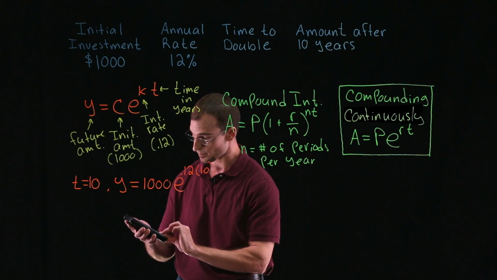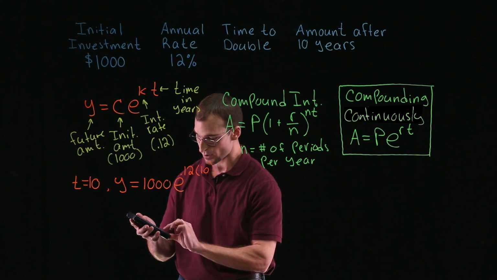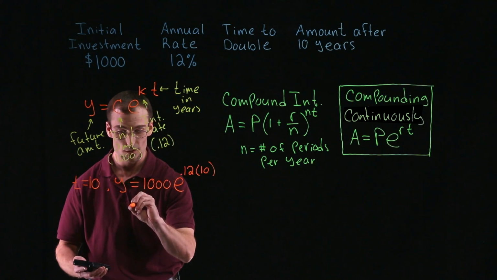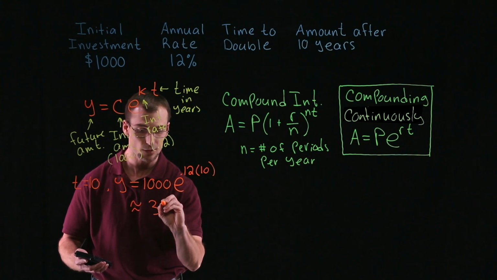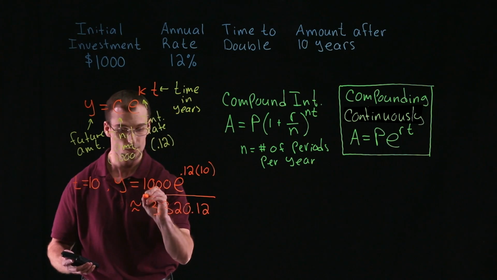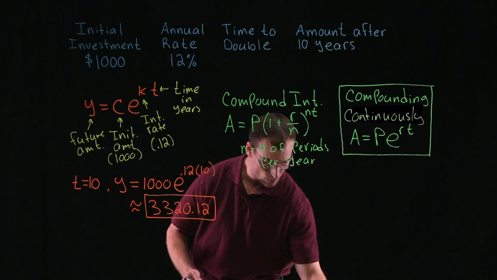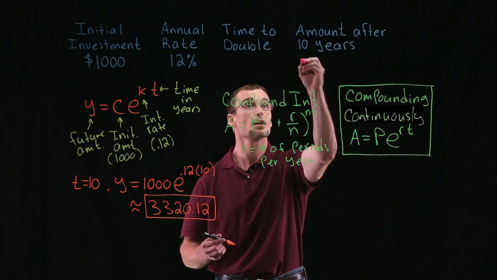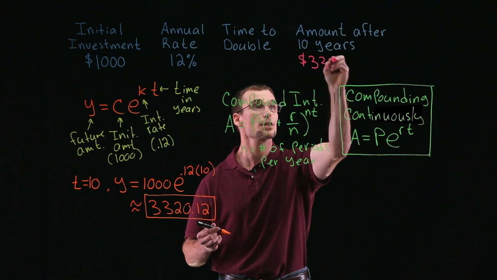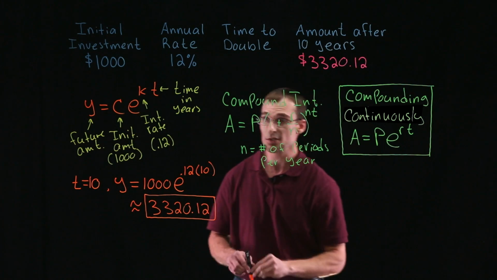So 1,000 times e raised to the 0.12 times 10 power gives us approximately 3,320.12. We'll start filling out our table. The amount after 10 years, in dollars, is $3,320.12. So that's the first part.